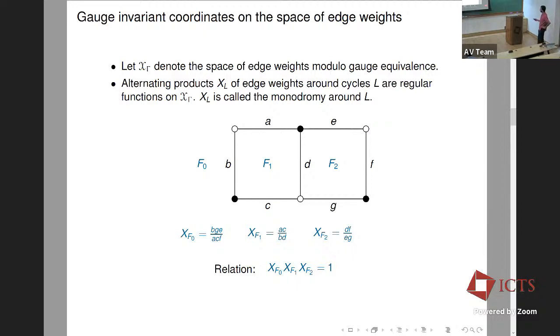So as you go around the cycle, the alternating product is A times 1 over B times C times 1 over D. So AC over BD. This quantity is going to be invariant under gauge transformations because we are taking an alternating product. This vertex is used by exactly A and B. And since one of them appears in the numerator and the other one's in the denominator, when you do a gauge transformation, it doesn't change this quantity.